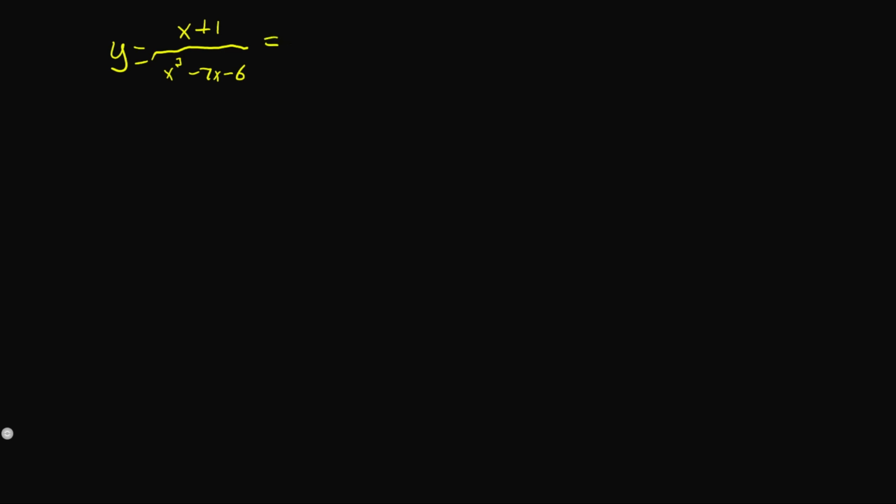So it is equal, no, not equal to, and we may want to have a vertical shift, but I'll leave it like that for now. We want to see if we could get a factor and cancel out the x plus 1.